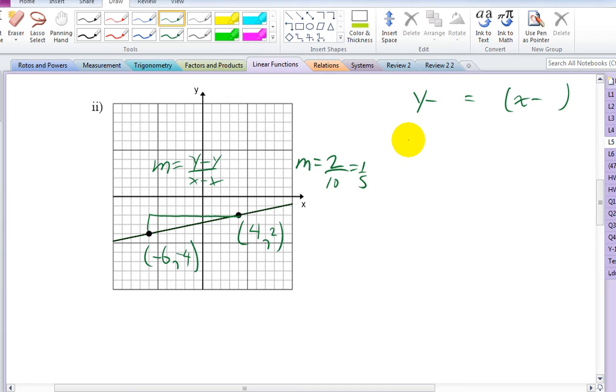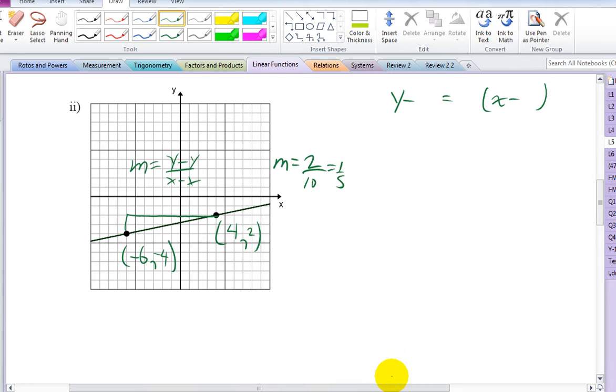Sounds good. Use (4, 2). Yes, Jordan? (4, -2). Oh, thank you. (4, -2). Okay. So that means you're going to get y plus 2 equals 1/5 x minus 4.